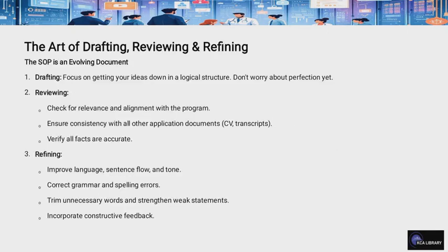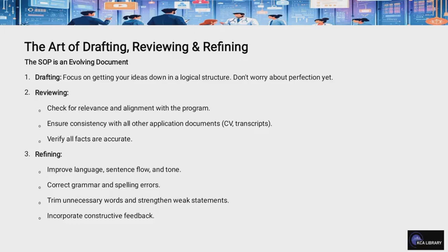And for the art of drafting, reviewing and refining, the SOP is an evolving document. Under drafting, you focus on getting your ideas down in a logical structure. Don't worry about perfection yet. Now you move to reviewing, where you check for relevance and alignment with the program. You ensure consistency with all other application documents like the CV and the transcripts.